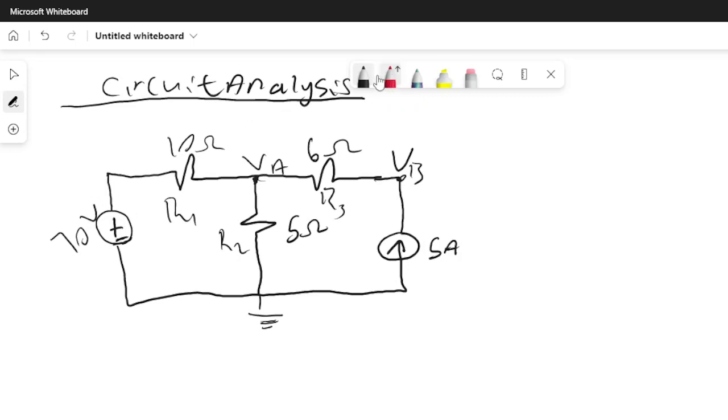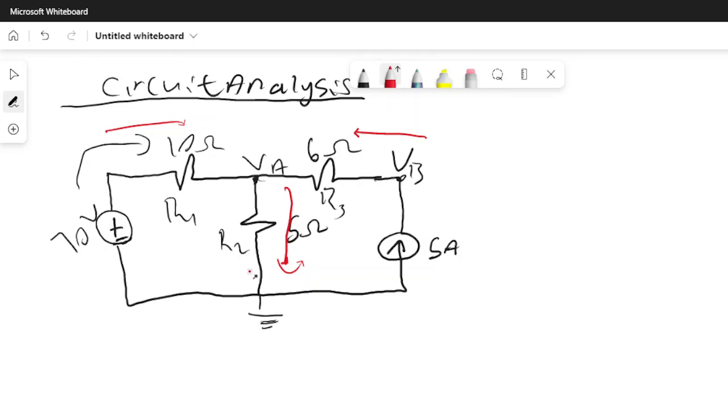That means our current will move in this direction from this voltage. Even here our current will go in that direction. So clearly, if we have a current coming from this direction to that direction, when they reach VA, they're going to go down.